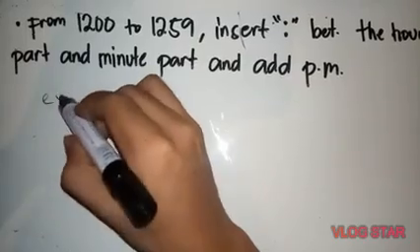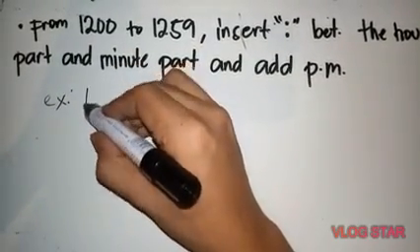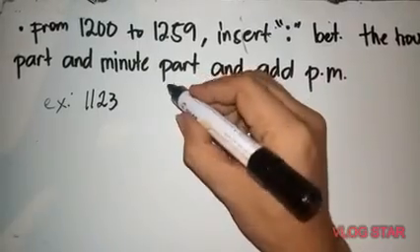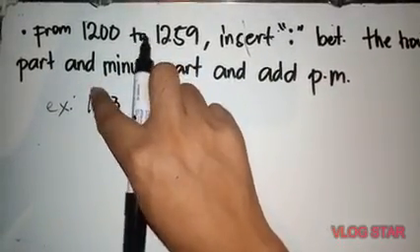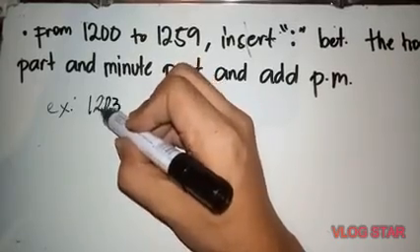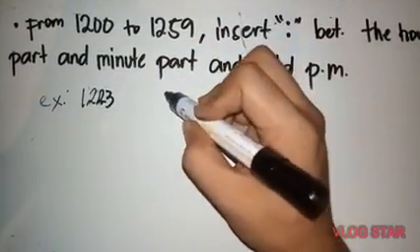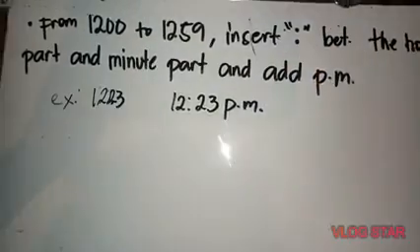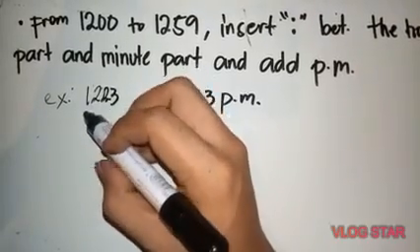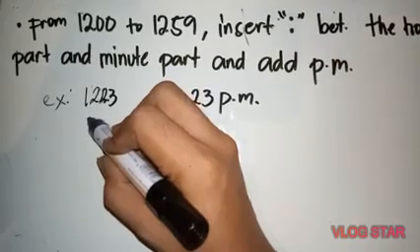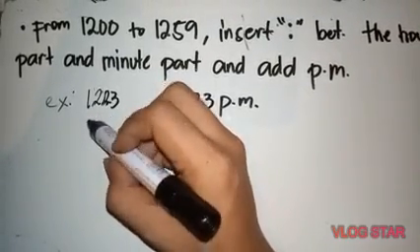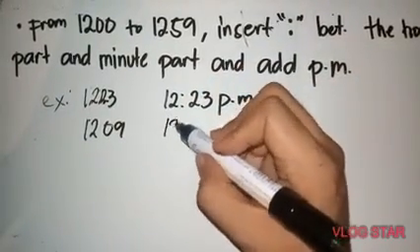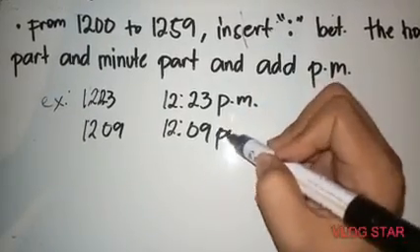For example, 1223, then we will write it as 12:23 PM. Another example, 1209, then 12:09 p.m.